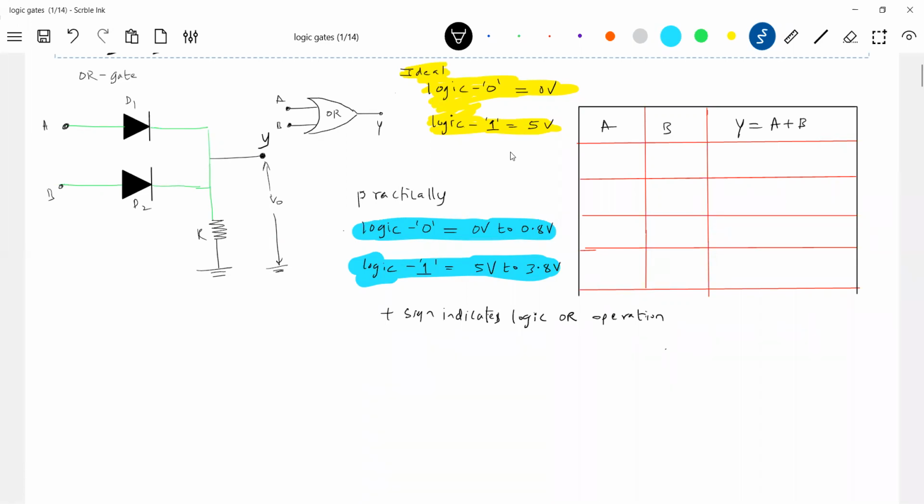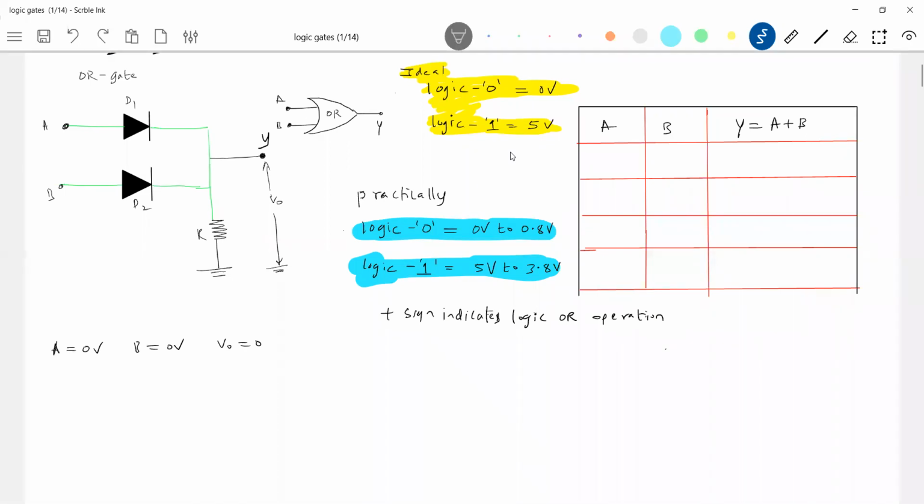Okay, let's see how to implement this logic OR operation. I have a diode, this is a resistor. So first I'll make A equal to 0 volt. A equal to 0 volt means how much? Both the diodes are unbiased, no? There is nothing like a voltage. And what will be Y? V naught will be 0. A equal to 0 means it should be logic 0, no? 0 means I'm going to earth it. 0 volt.